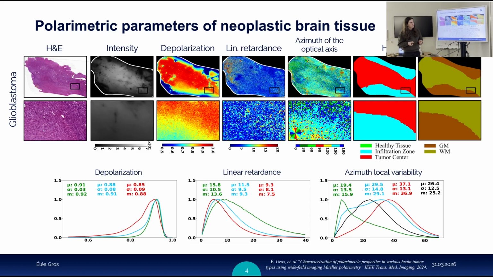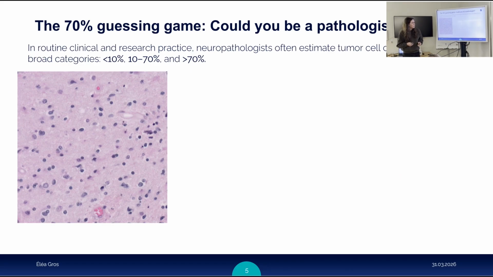But this creates boundaries: something that has 60% of tumor cells and something that has 80% are not that different, and we're creating a boundary at 70% where it's actually a continuous variable that we're looking at. So we had an idea.